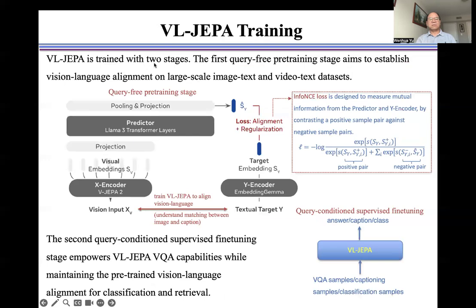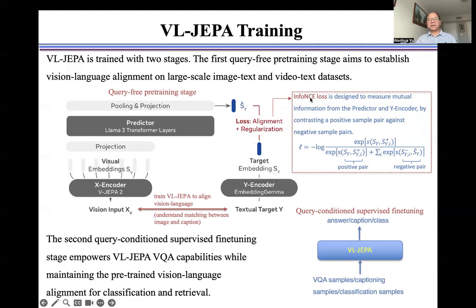VL-JEPA is trained with two stages. The first, query-free pre-training stage aims to establish vision language alignment on large-scale image-text and video-text datasets, as shown here.